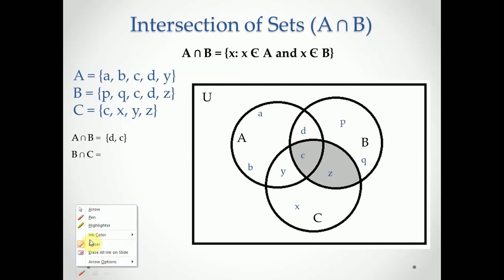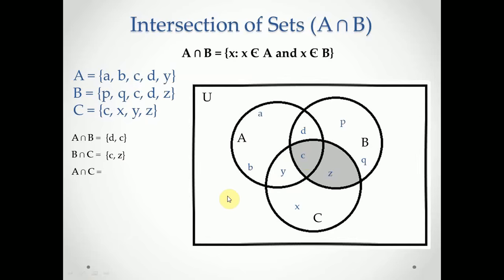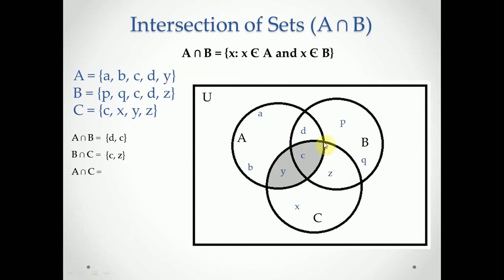Okay, so this is the highlighted portion and the elements are C and Z, so we can write in the roster form as C and Z. Now similarly we'll find the intersection of A and C. From the Venn diagram we can see that the elements which are common between A and C are C and Y. Okay, so the highlighted region which is gray here shows the intersection of A and C, and we'll write the elements in the roster form, which are C and Y.